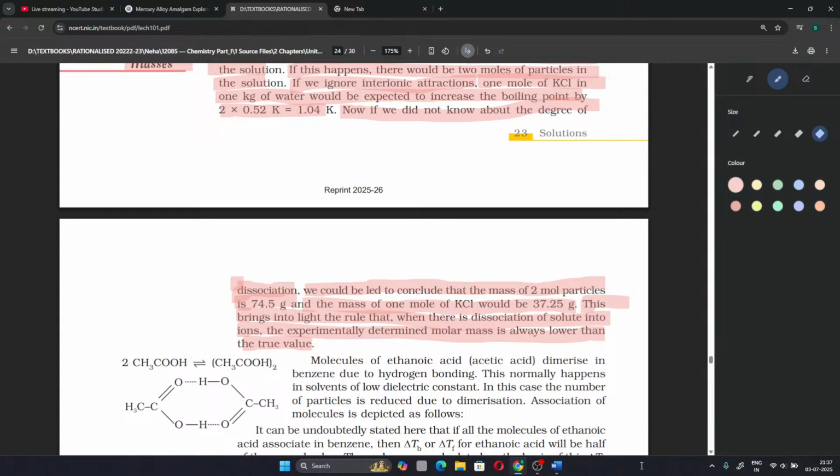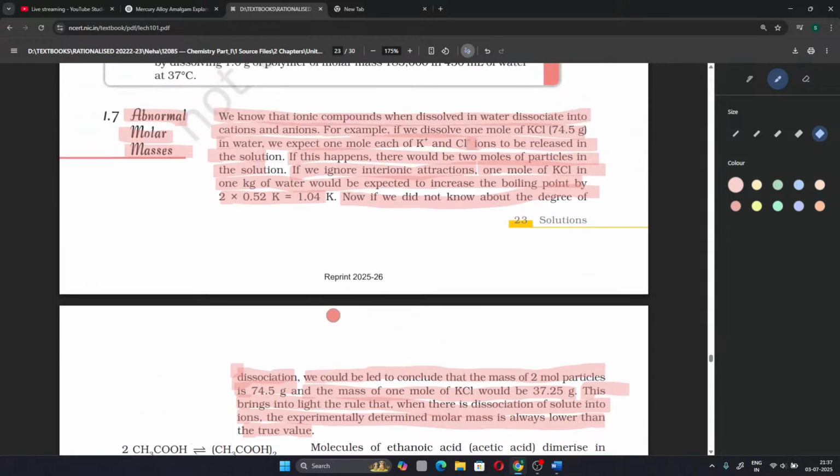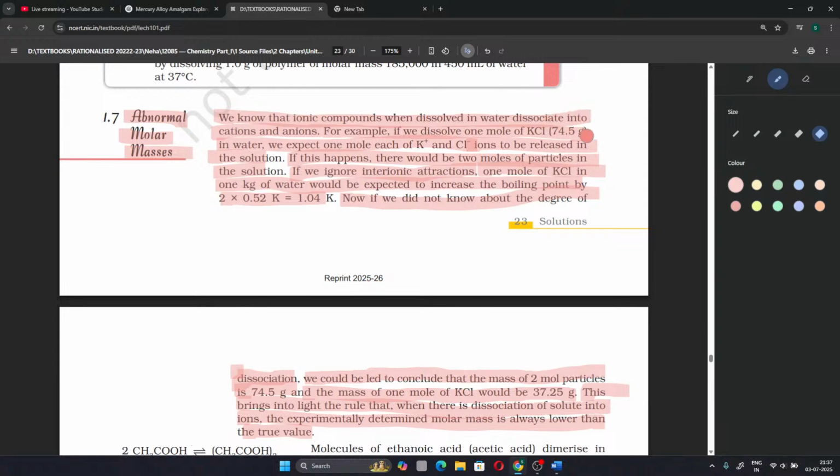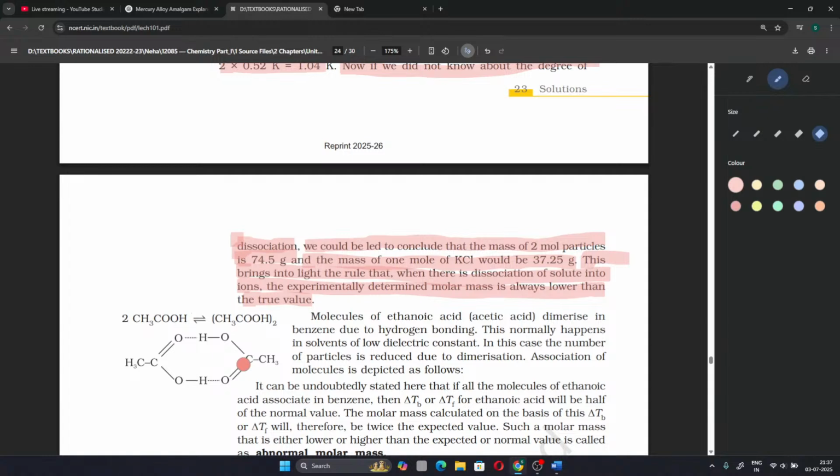Okay, KCl dissolving itself will give 2 mole particles, whose whole mass is 74.5 grams. This is the whole mass of KCl. This is also 74.5 grams. But for only 1 mole of these particles, this is not KCl, that would be 37.5.